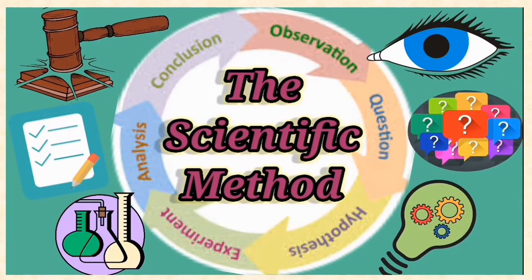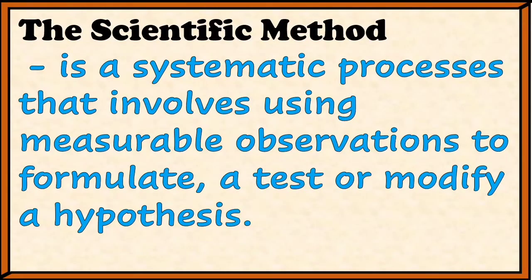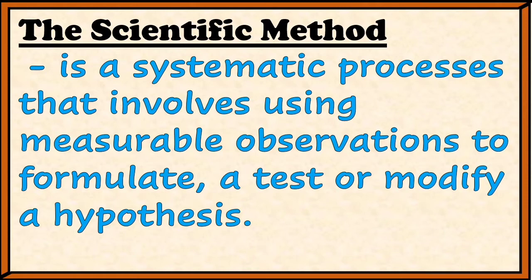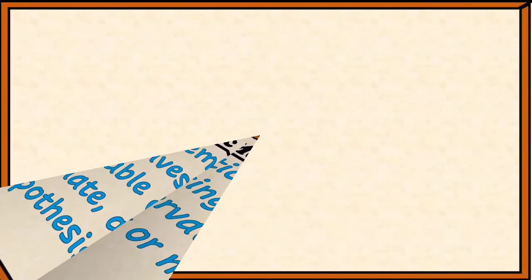In turn, the scientific method is a systematic process that involves using measurable observations to formulate, test, or modify a hypothesis. This is the flowchart that shows the sequence of steps involved in using a scientific method.